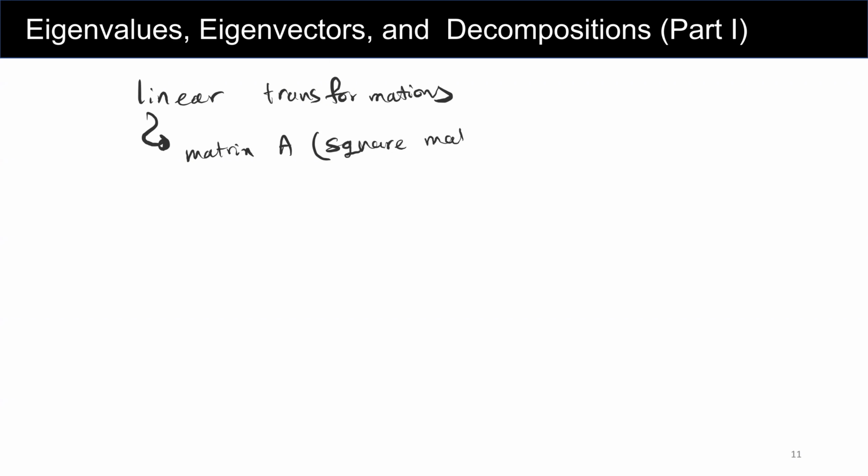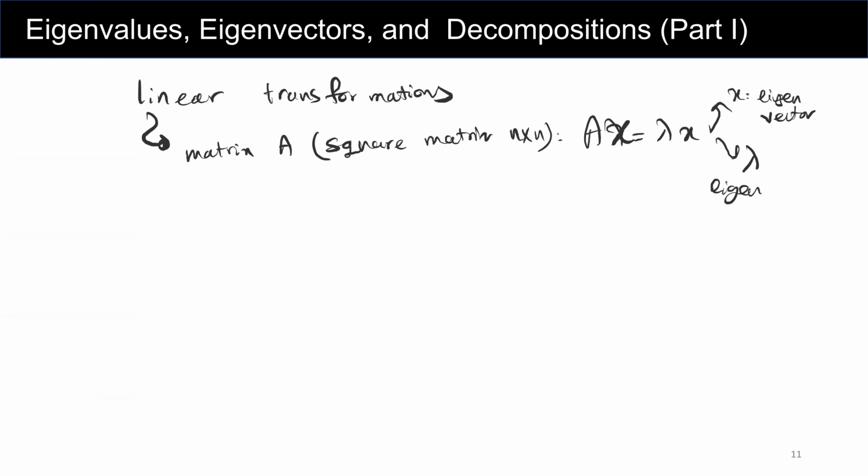We talked about linear transformations. And based on linear transformations, we said that for a given matrix A, which is a square matrix, which means its dimension is n by n, if AX is equal to lambda X, then we call X an eigenvector of matrix A, and we call lambda an eigenvalue.